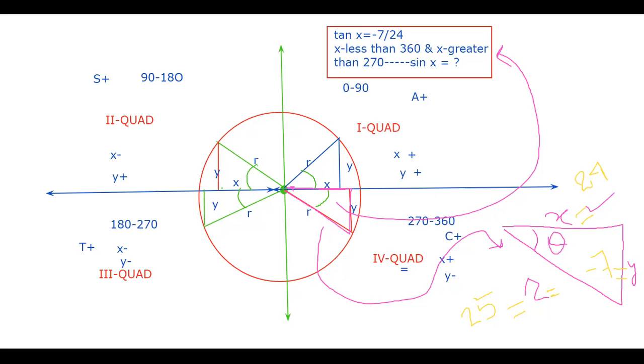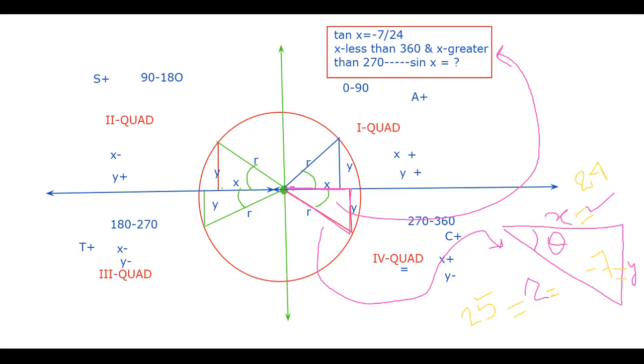Cot. The cot is 1 over what? Is that 25 over 7? Cotangent is the reciprocal of tangent. And in tangent, there is no hypotenuse, it's opposite over adjacent.